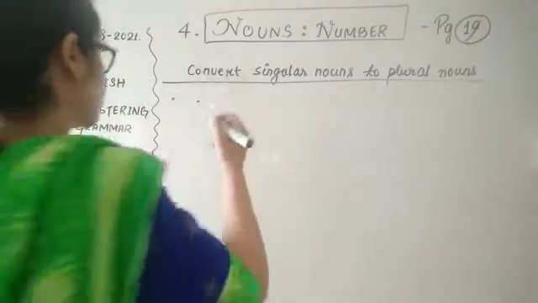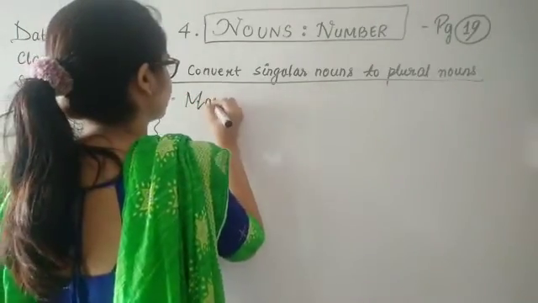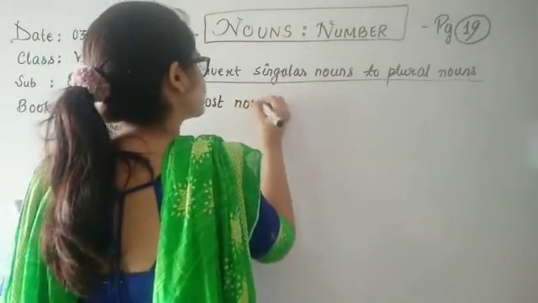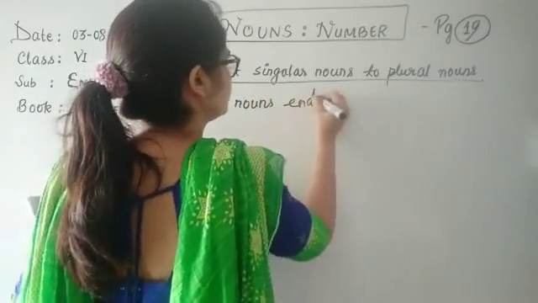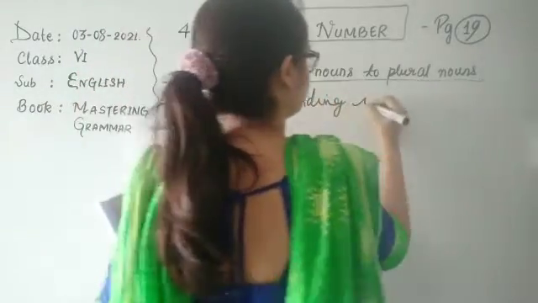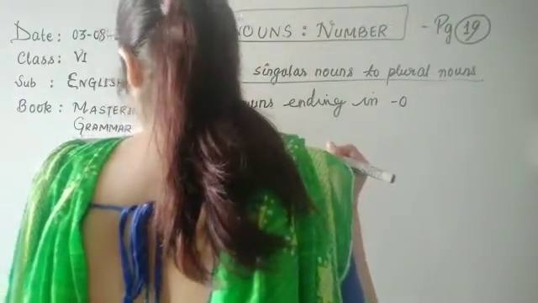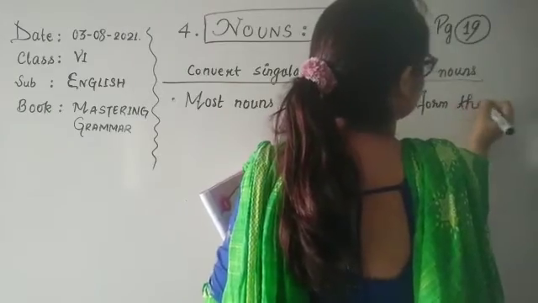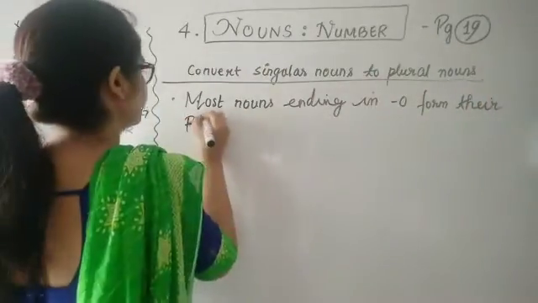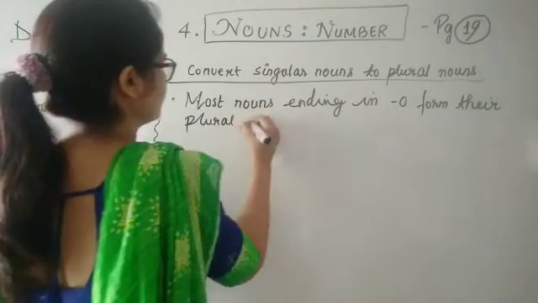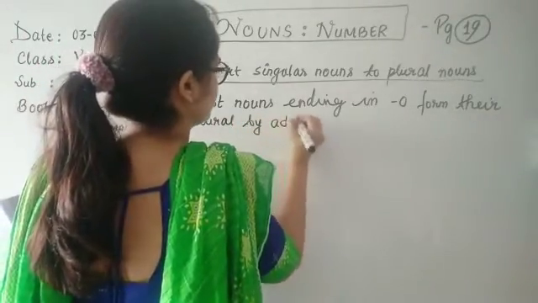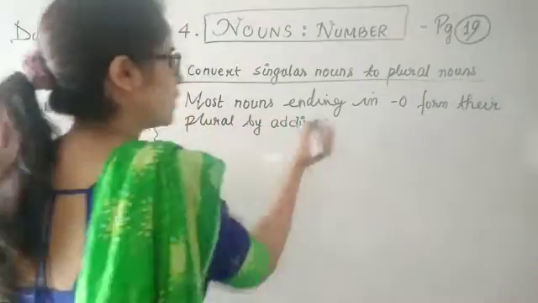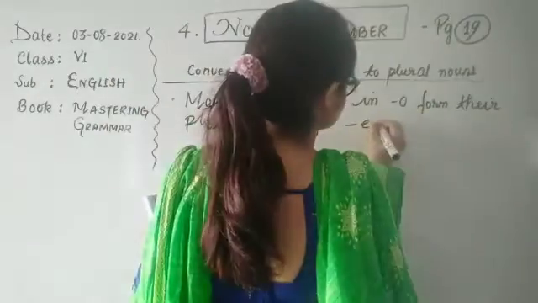Most nouns ending in O form their plural by adding what? By adding es to the end.